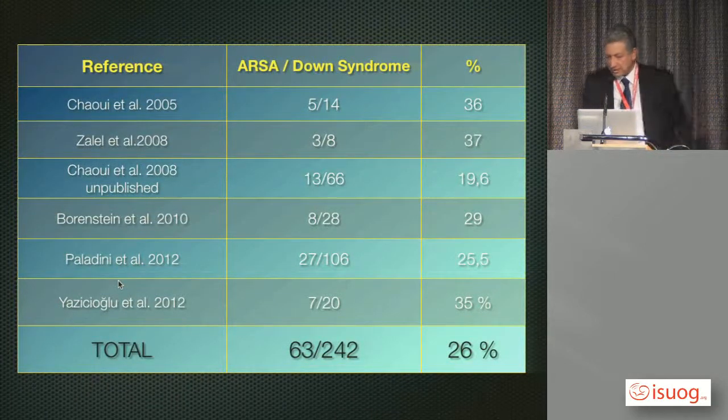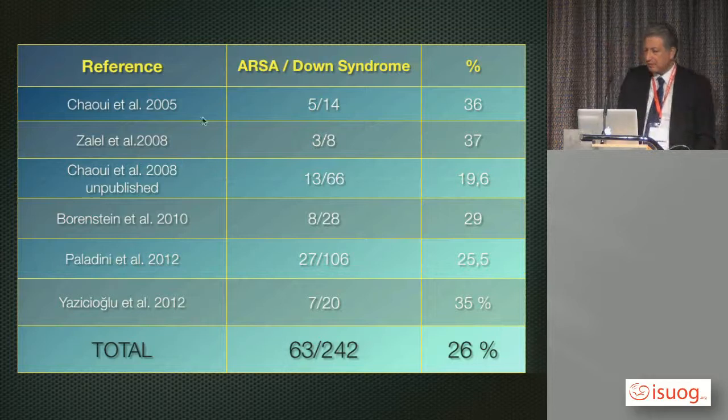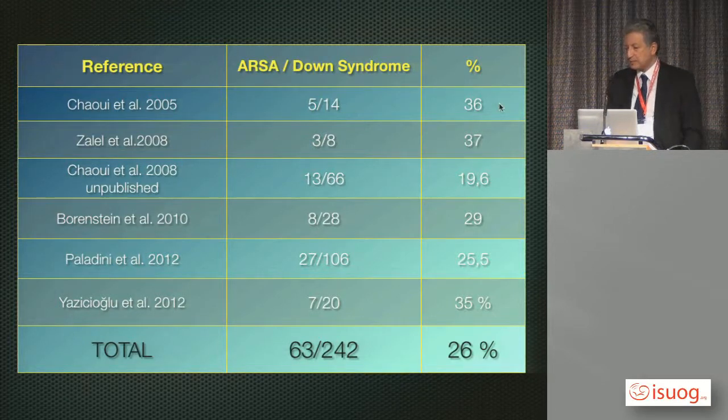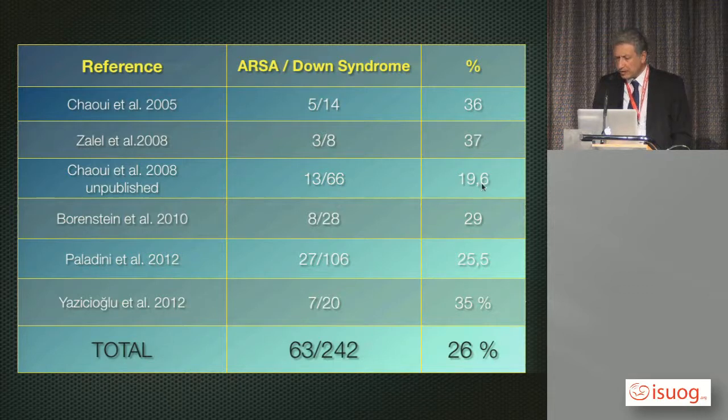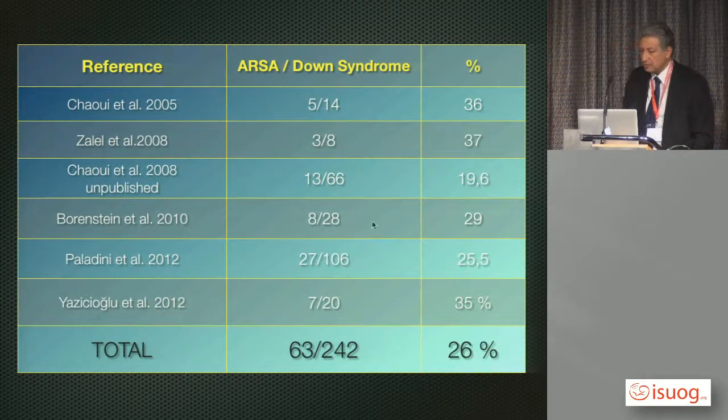I may have some missing, but roughly the first paper we had was 36%. Zalel Yaron, sitting here, had 37%, 3 out of 8 cases. These data we presented at a meeting of Kypros many years ago from our office. We had roughly 20%. Borenstein from the Kypros group, 29%.